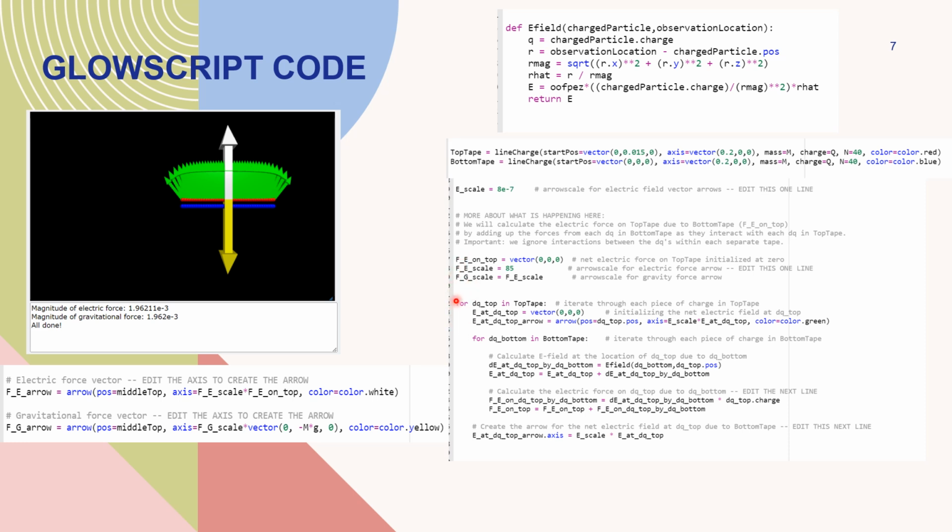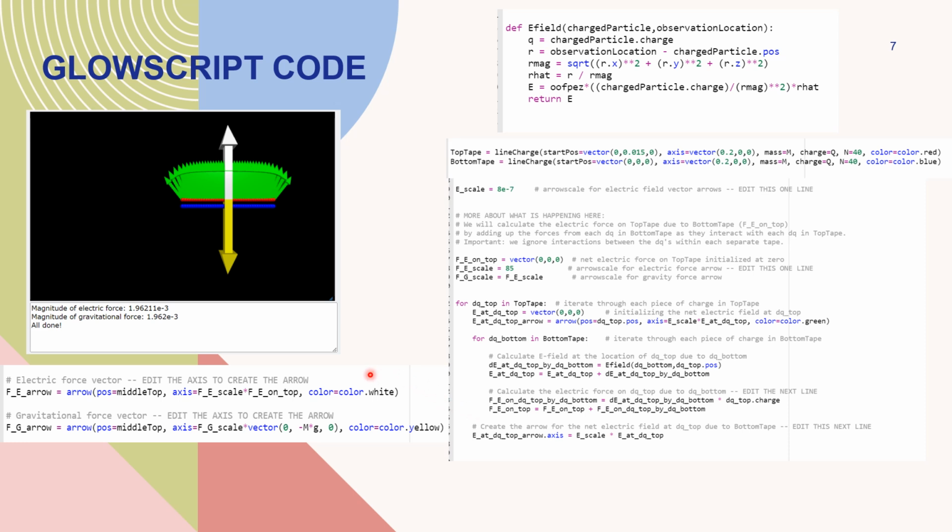And then we have a for loop over here to draw these little electric field arrows. We initialized them to 0, and then we calculated them by having another for loop to calculate the difference in electric fields, adding it to the current electric field, and then updating the force accordingly.